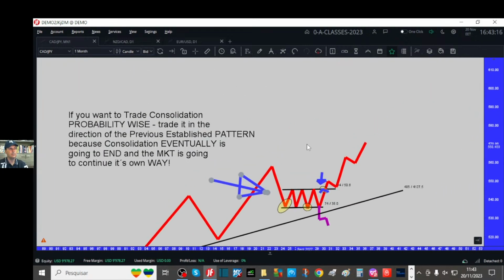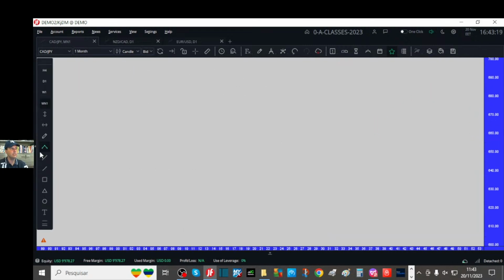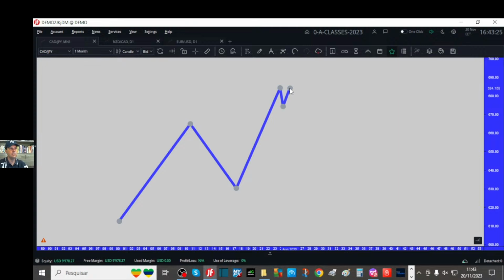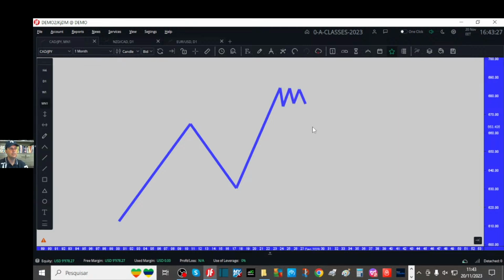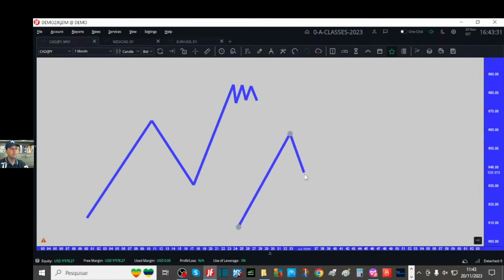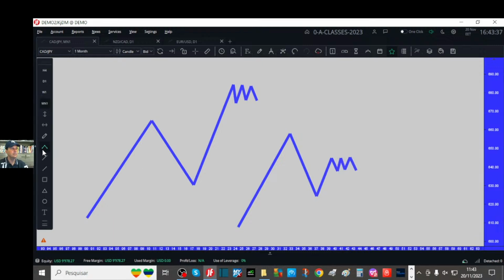Great question. So we have consolidation, talking about the market wave, right? Extension, retracement, extension. What if consolidation happens up in here? And extension, retracement. What if consolidation happens in here? Right? And extension, retracement. What if consolidation happens in here?